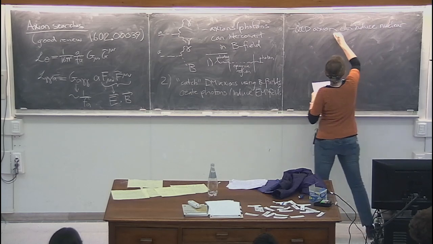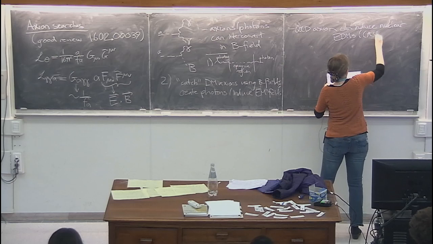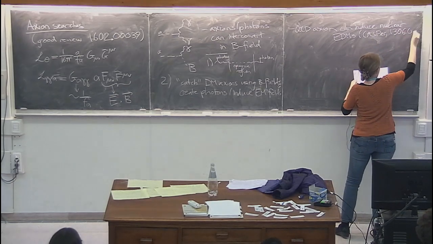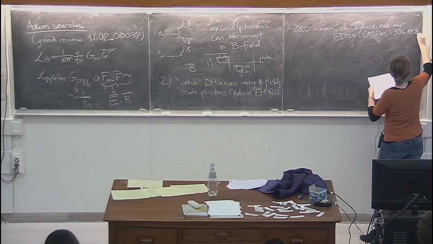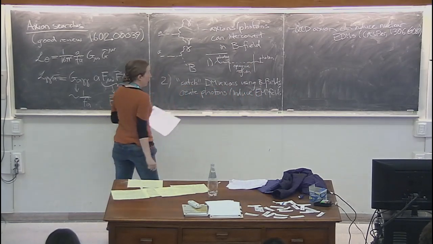Some of these I'm not going to talk about in detail. I'm just going to point you to the reference. In the early universe, the effects of the QCD axion could potentially change the neutron-proton mass splitting, which can affect the nucleosynthesis of elements.